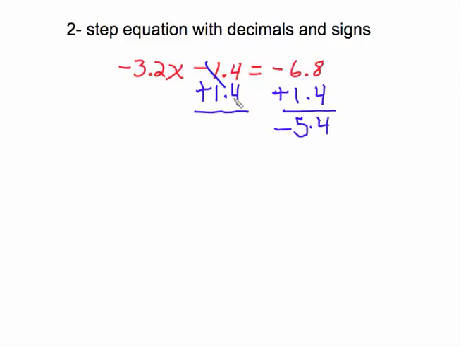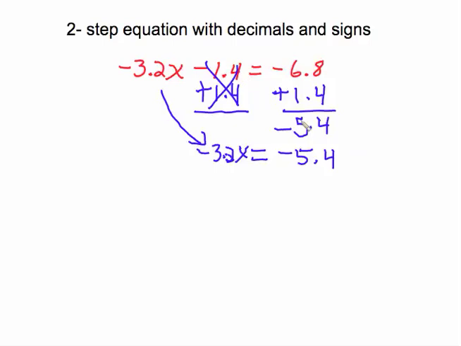Okay, now we know this goes away entirely, so we need to create a new equation. This side has negative 3.2x left over, and this other side has a negative 5.4. Alright, now from this situation we have one step equation to go.